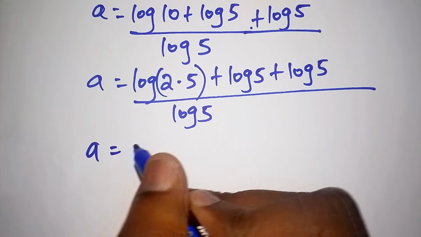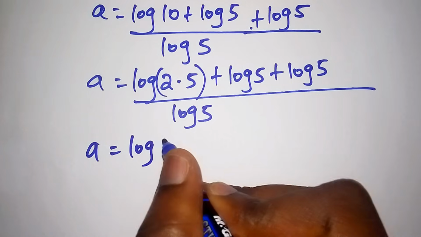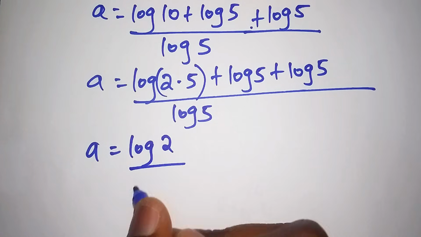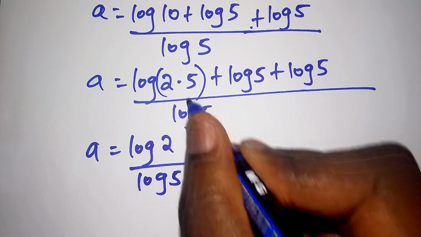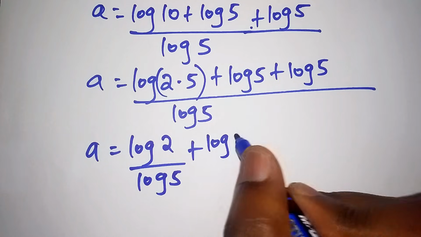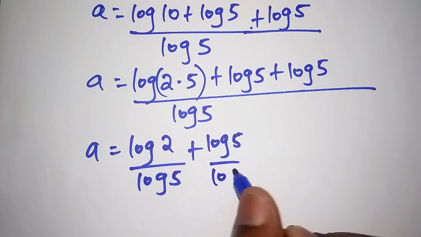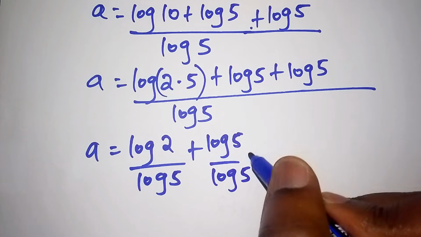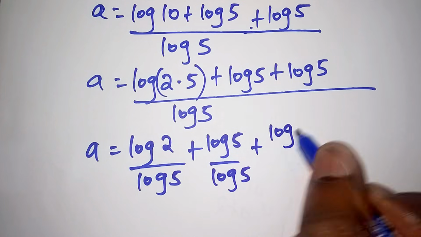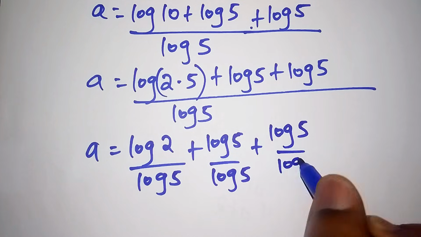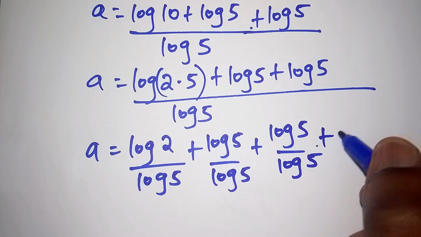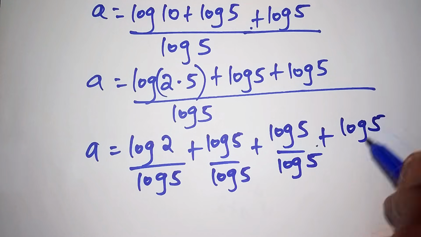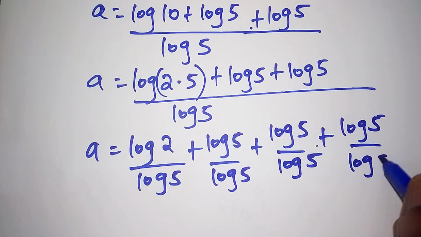So a is equal to the log of 2 all over the log of 5, plus log 5 all over the log of 5, plus log 5 all over the log of 5, and the last one, log 5 all over the log of 5.